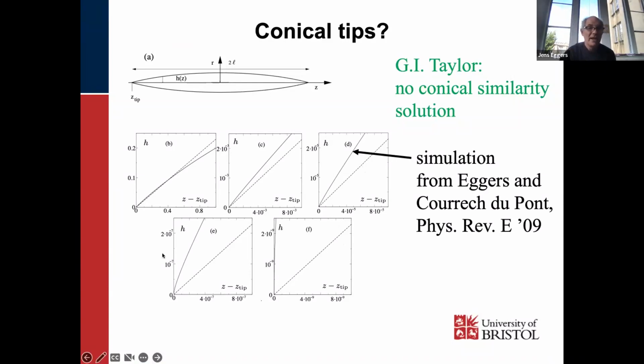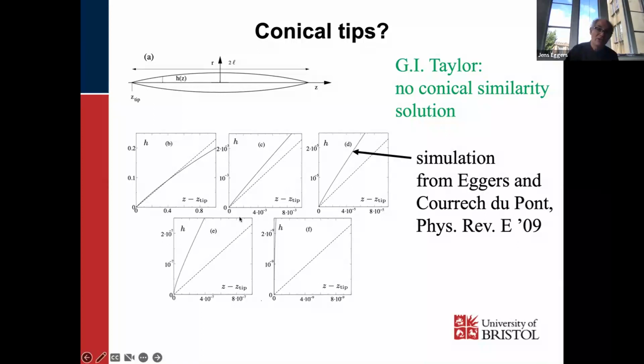I'm just showing it at different resolutions. So here I have the neighborhood of this tip here on a scale of 1. Here I have the neighborhood of this tip on the scale of 10 to the minus 2, so 2 orders of magnitude smaller. And here again, 2 orders of magnitude smaller. And I take this here from numerical simulations of the full problem, of the full solution of the Stokes equation with such a bubble surface present here.